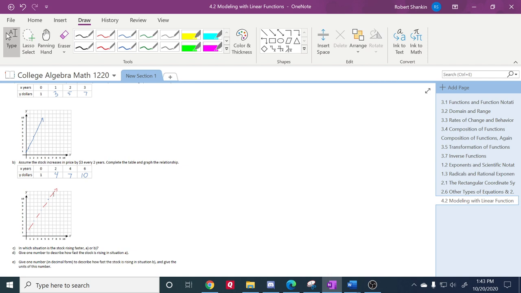Just go ahead and type them up as soon as you figure them out. Go ahead and hit enter in your group chat. Discuss this.